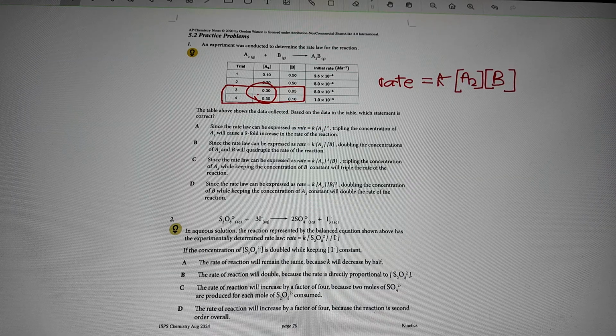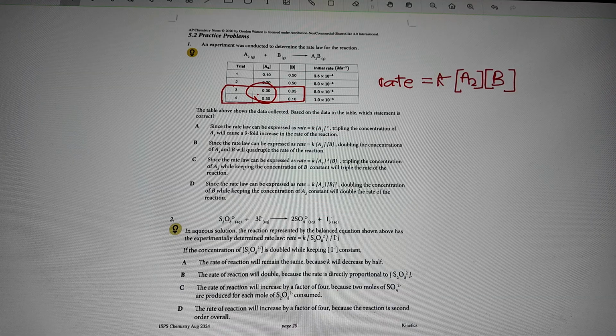Answer choice A doesn't even take B into regard, so it can't be answer choice A. Then B says that doubling both A2 and B would quadruple the rate of reaction.